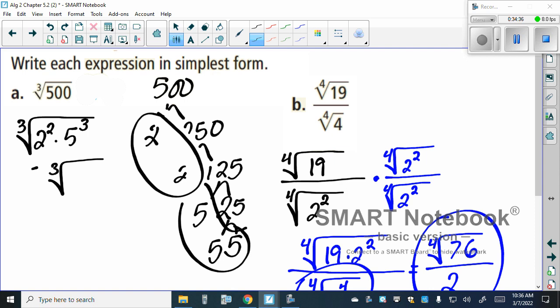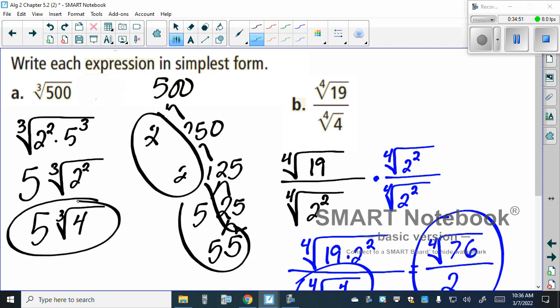So we will have a 5 out front. And the 2 squared would stay inside. Well, 2 squared is what? 4. So we can put it back together and not leave it as 2 squared, but just say 4. And that's it. Questions on any of this here?